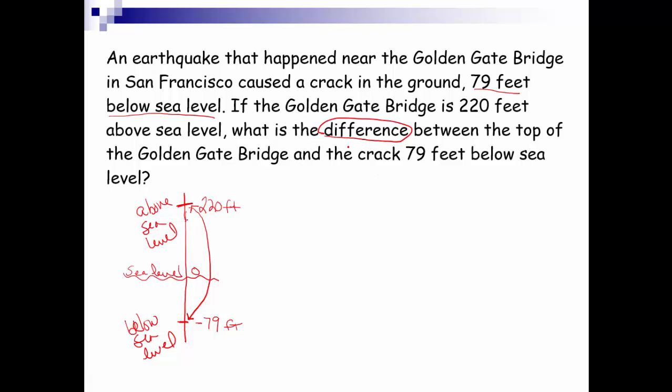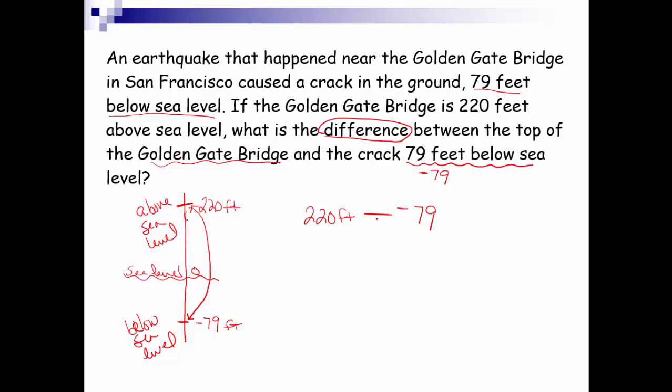So they want the difference, which means to subtract, between the top of the Golden Gate Bridge, which is 220 feet above sea level, and the crack that's 79 feet below. 79 feet below means a negative 79. So we're going to find the difference. We're going to subtract 220 feet above minus our negative 79 below.